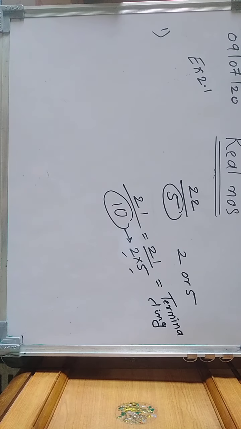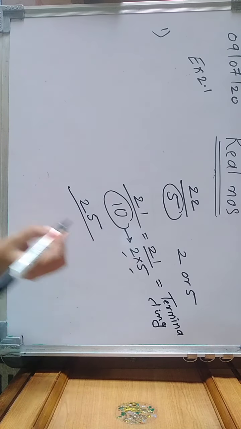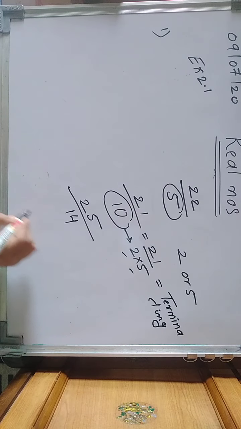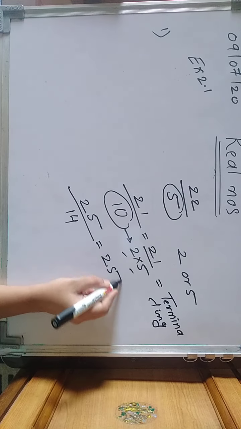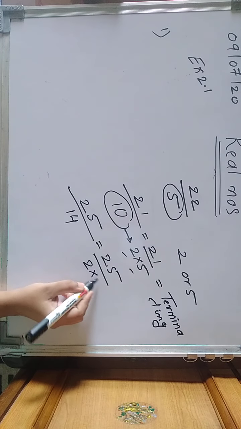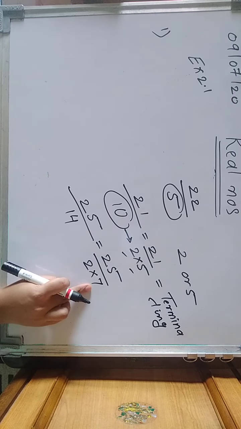But if you have another number, for example, 25 upon 14, this can be written as 25 upon 2 into 7. Factorization of 14 is 2 into 7.